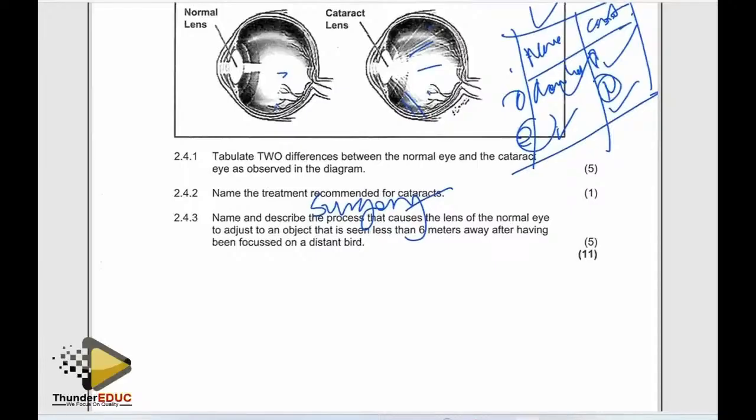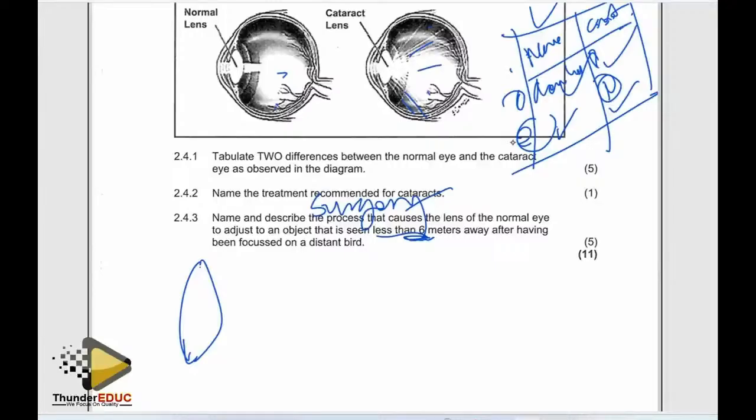Name and describe the process that causes the lens of the normal eye to adjust to the object that is seen less than 6 meters away after viewing a far object. So in this case, you are going from a far object to the nearby object.